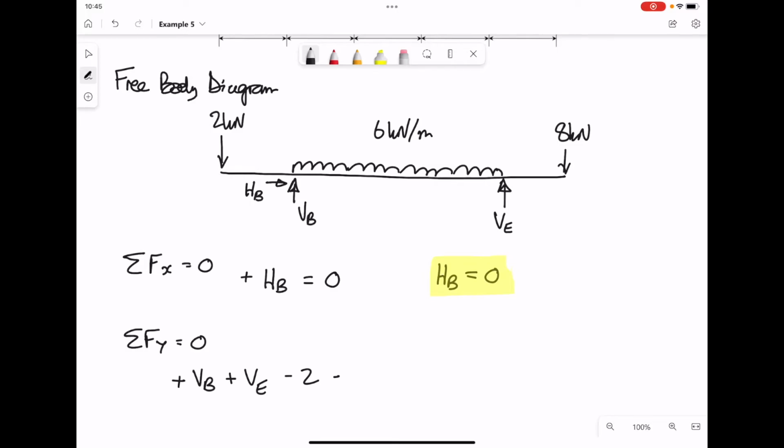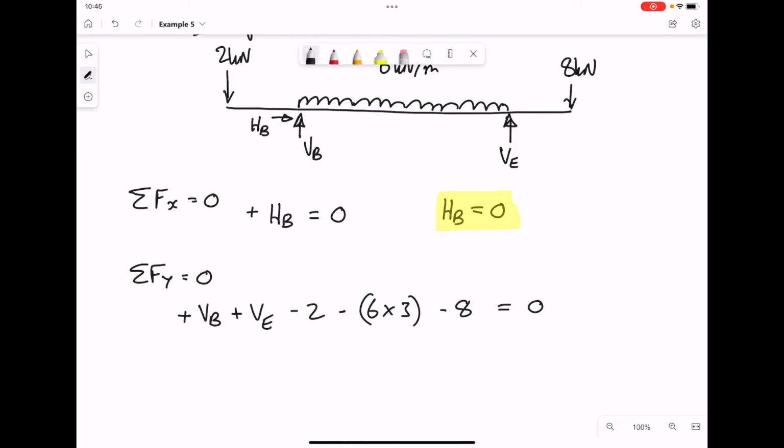Then from the UDL we have 6 kilonewtons per meter. It's stretched over a distance of 3 meters, so that'll give us a total weight of 18 from that, and we have an 8 kilonewton point load on the end. They're acting downwards, therefore are negative. When we add up all our forces, they must equal 0.